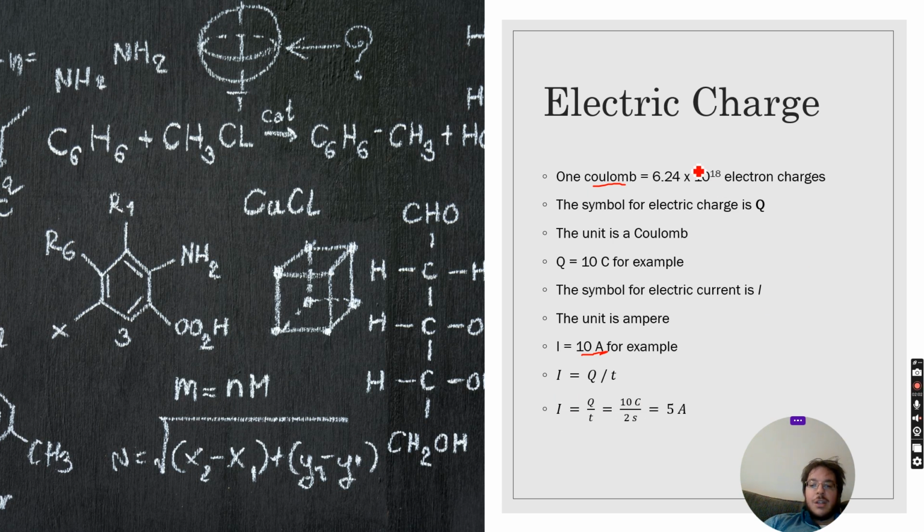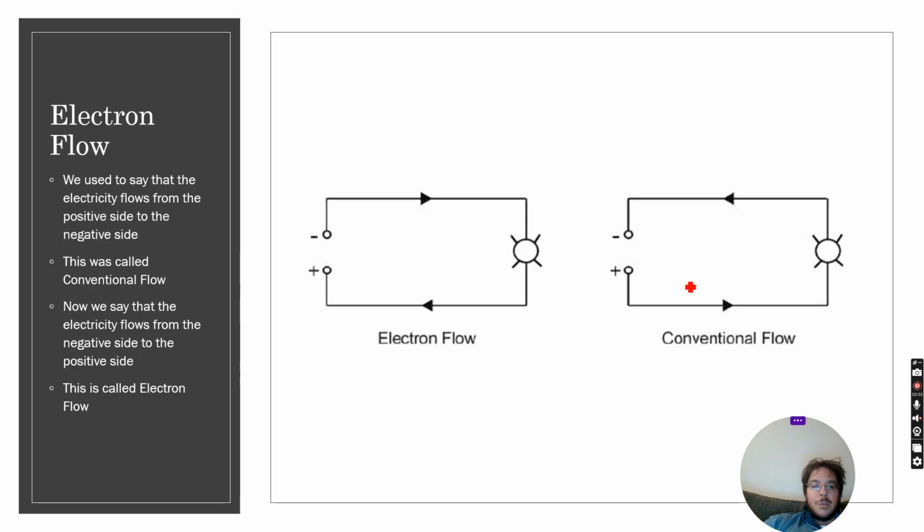So if we've got 10 coulombs worth of charge coming through a pipe every 2 seconds, then that means we've got 5 coulombs per second, or 5 amps. So an amp is a coulomb per second. And we use coulomb again because electrons are tiny. So otherwise we'd have a huge number here. We wouldn't be able to do.